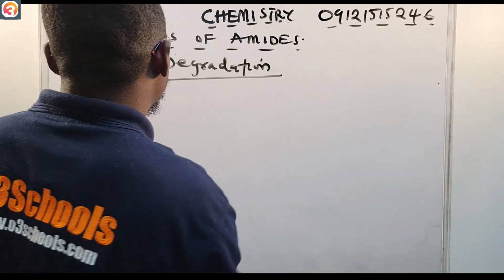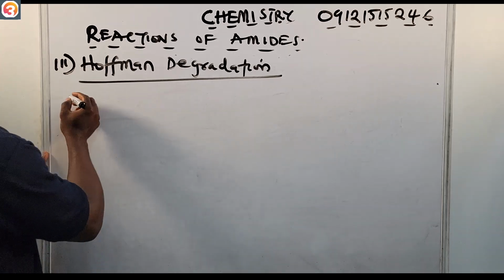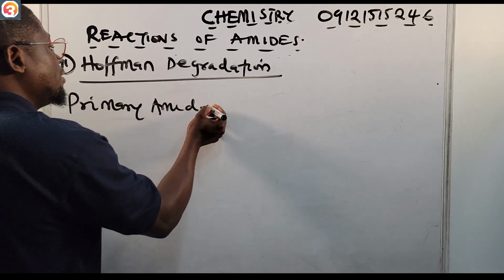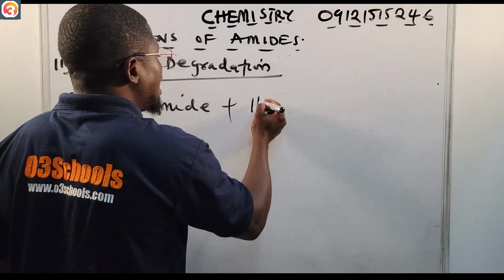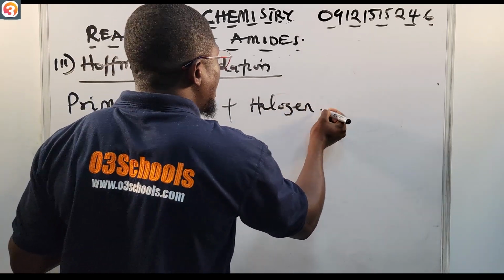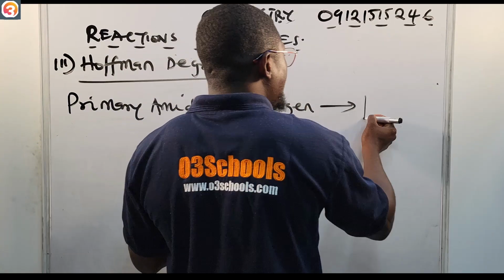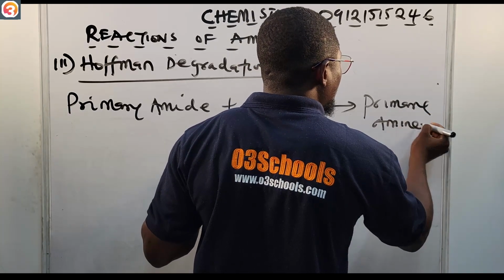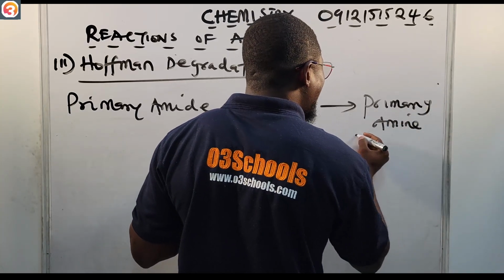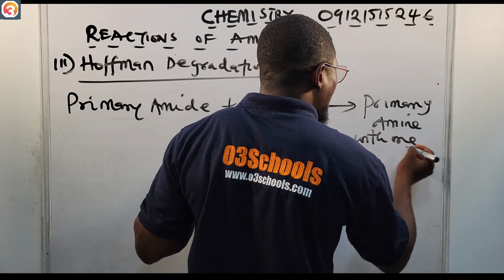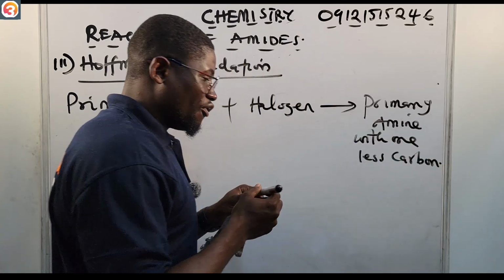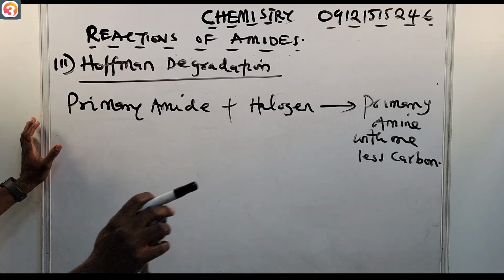So Hofmann degradation, we said that a primary amide will react with a halogen, and then what it gives to us is a primary amine with 1 less carbon. So this is Hofmann degradation in summary.